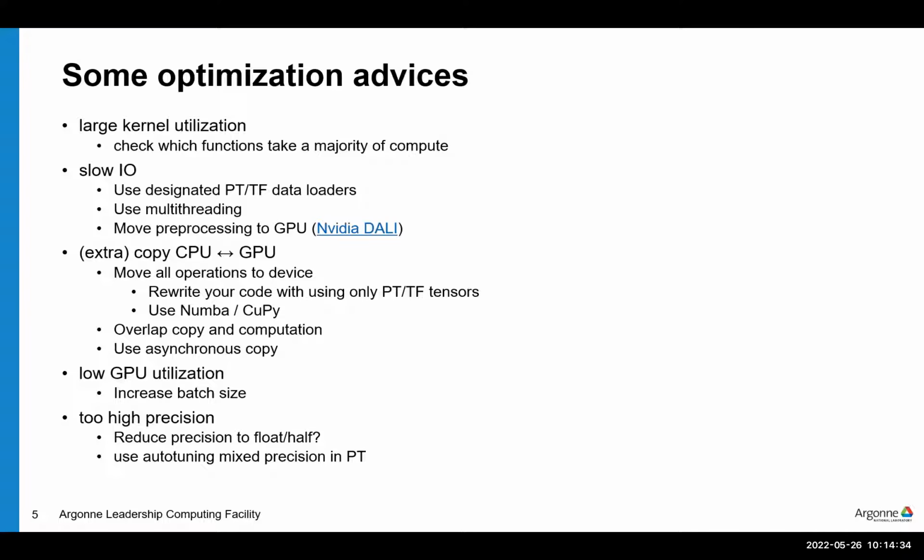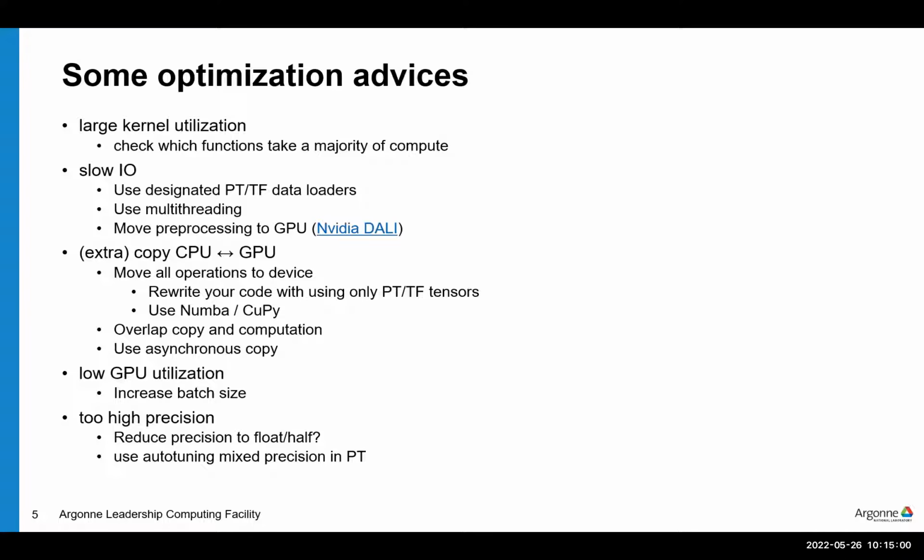Another common issue is slow input-output operations. It could happen if you previously had some data processing script, or you analyzed data in Jupyter notebooks with NumPy or other packages, so you carry this data analysis over to your deep learning scripts. In this case, IO operations could be not optimized because you do everything on CPU with NumPy functions.